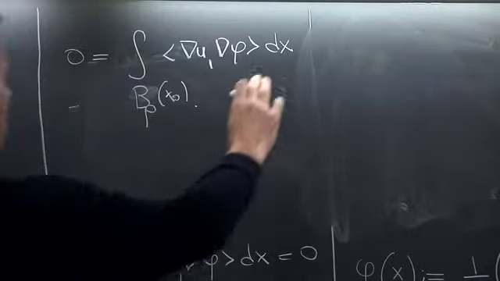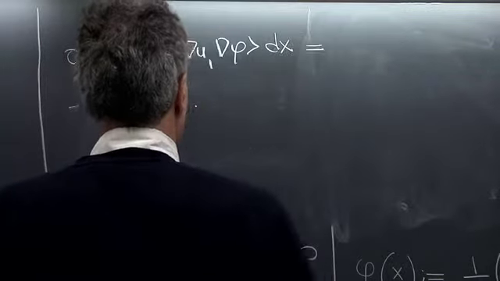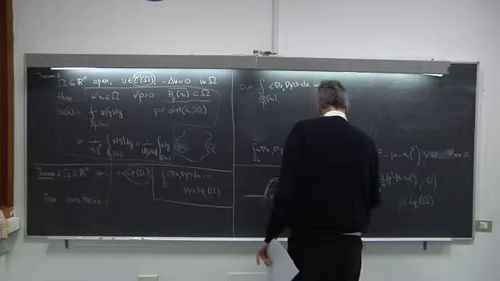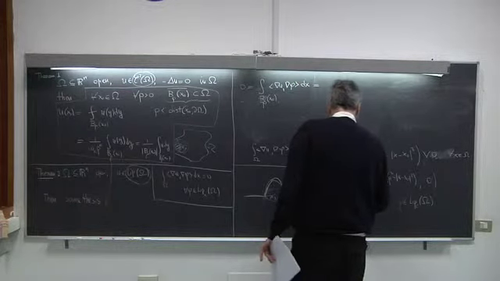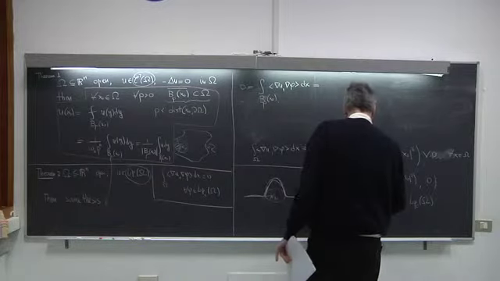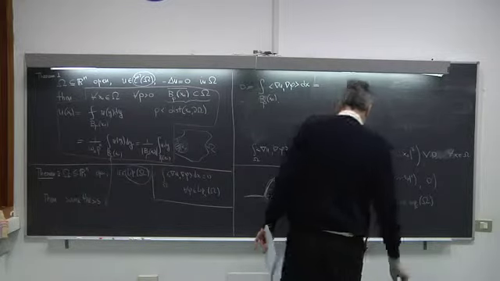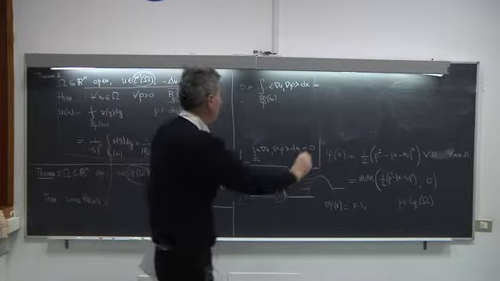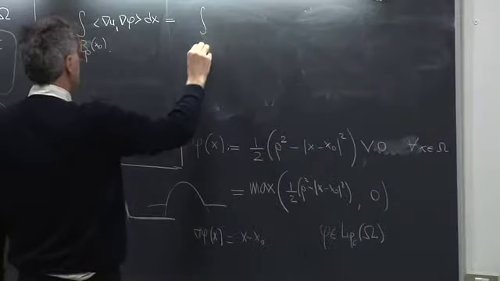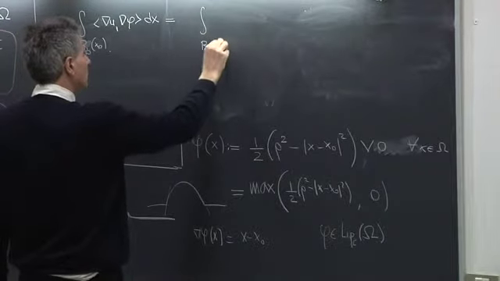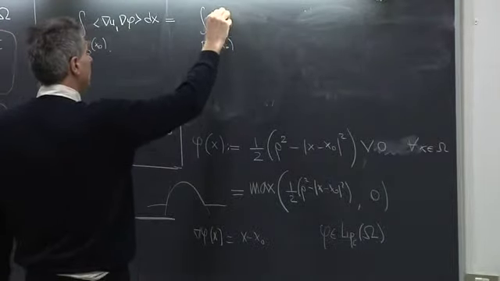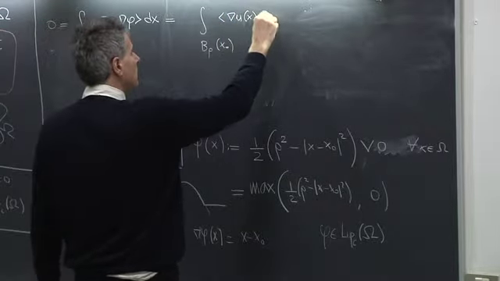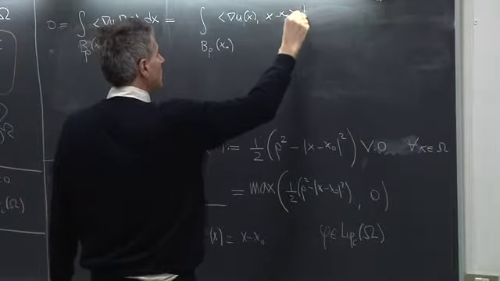Now let us compute the gradient of phi separately. The gradient of phi at x is equal to the identity, essentially, x minus x naught. And therefore we have the following: grad u at x, times x minus x naught.